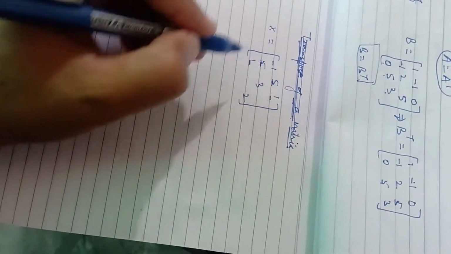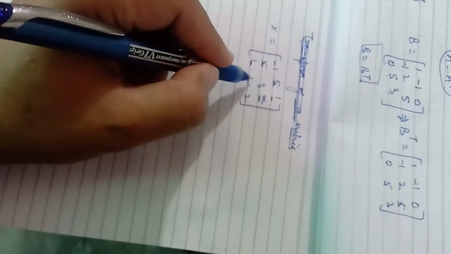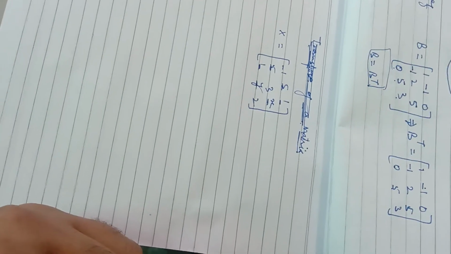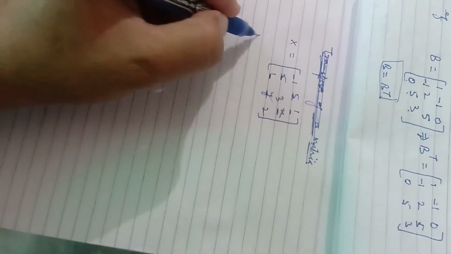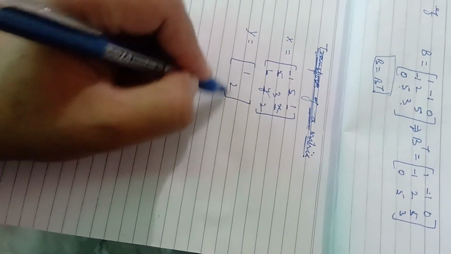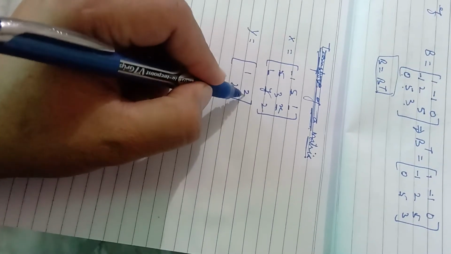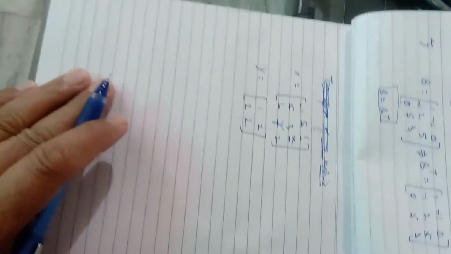Whatever you write here, and again you're left with two vacant places, whatever you write here, the same thing you write here. So X is a symmetric matrix, right? And if you want to write for some 2 by 2 matrix, it's very simple. Write the diagonal. Whatever you write here, the same thing you write here. Okay, so this is what a symmetric matrix is.